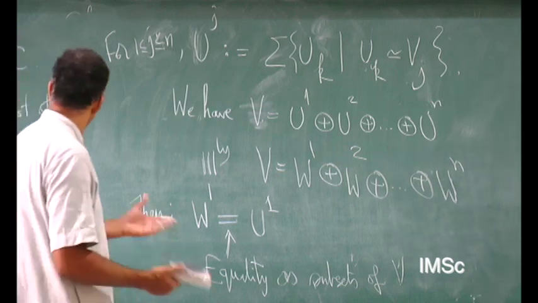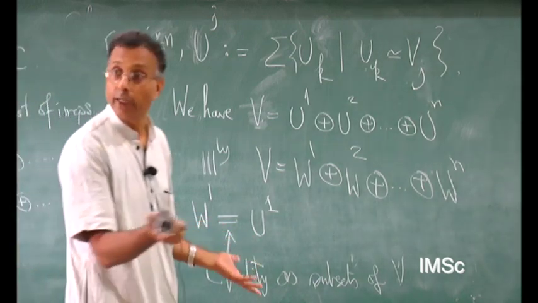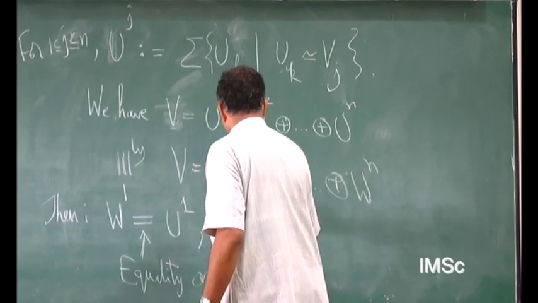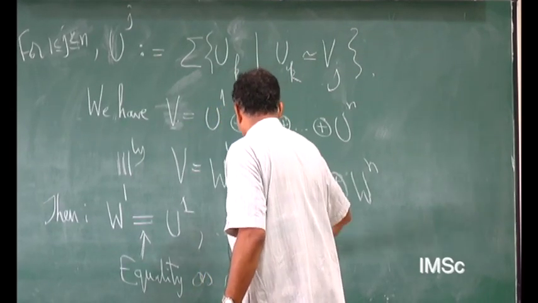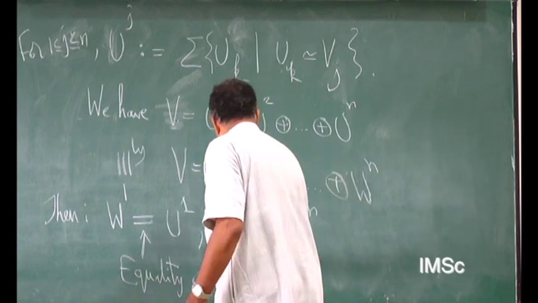Now I know even before you that the number of copies of V1 that you get and the number of copies that I get must be the same. That I know beforehand itself, right? Because that's the inner product of chi V and chi V1 in any case. And similarly, W^n is equal to U^n.